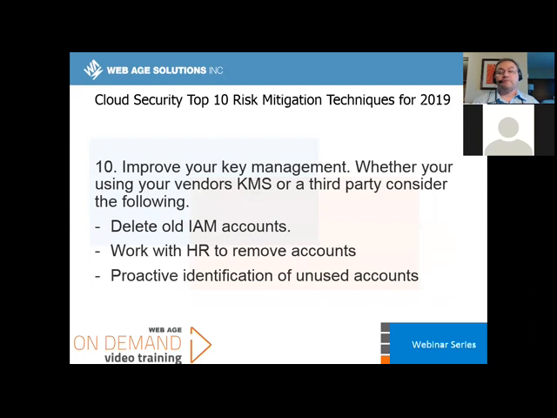I went into a transportation company, a railroad organization, and they had in their cloud services literally about 17 accounts in 3 months where the folks have left the company. Some of those accounts literally had spun up 150 or so virtual machines. Not only is that a security risk, but that's a massive cost to the organization.